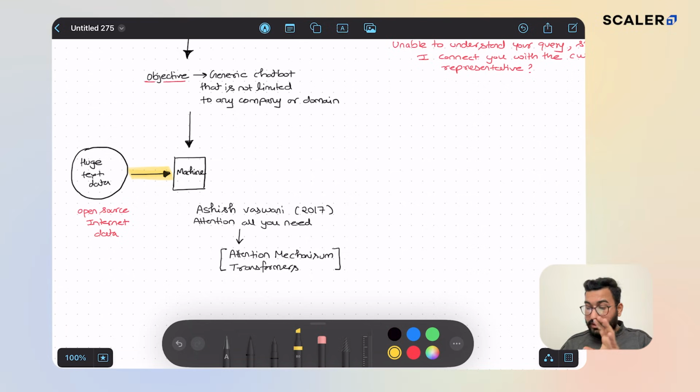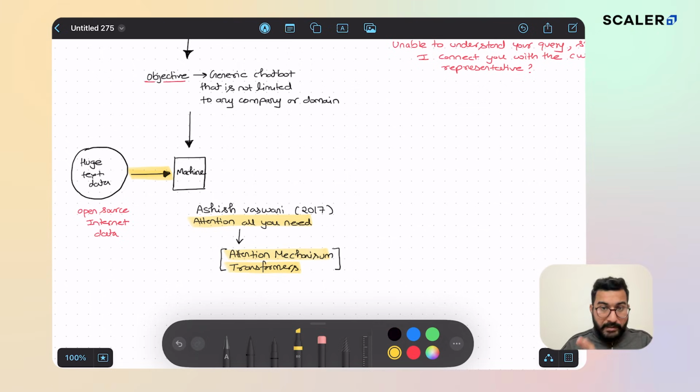So since the scientists were thinking about training this machine on a humongous amount of data, but there was no such machine learning technique available, Ashish Vaswani in 2017 wrote this paper named Attention Is All You Need, and that paper introduced this concept, which created the base of this entire process.